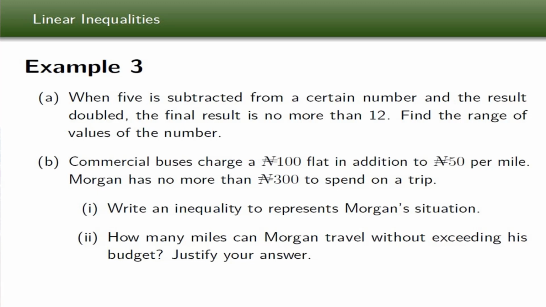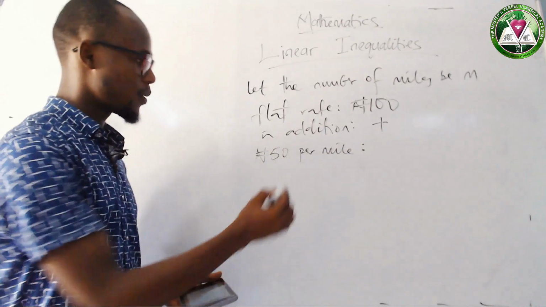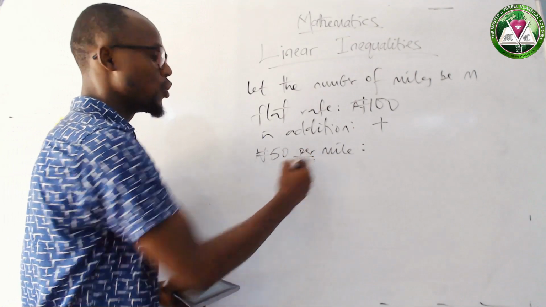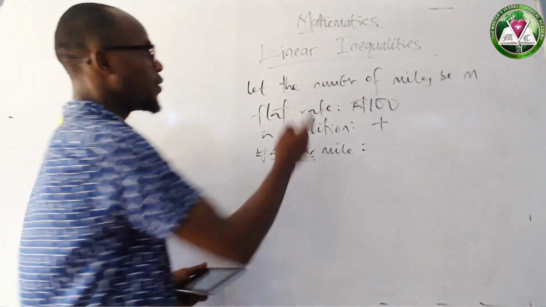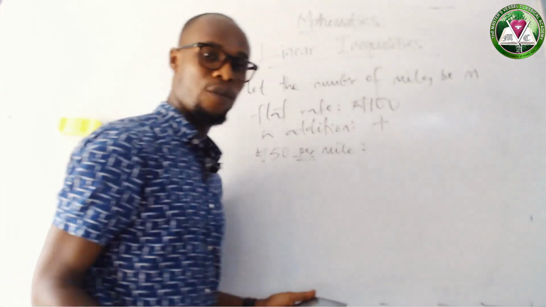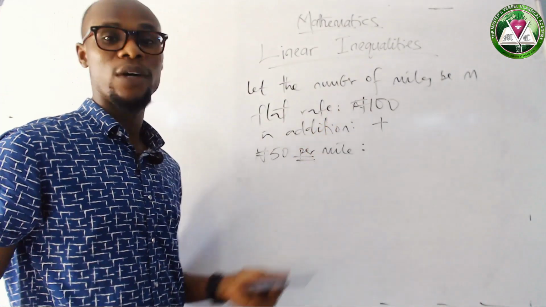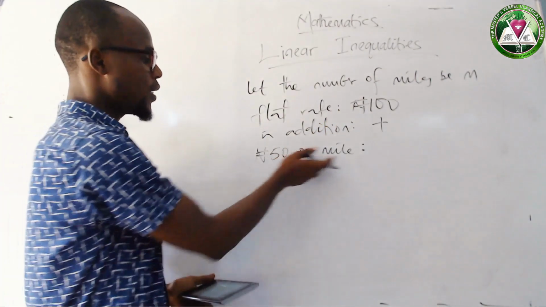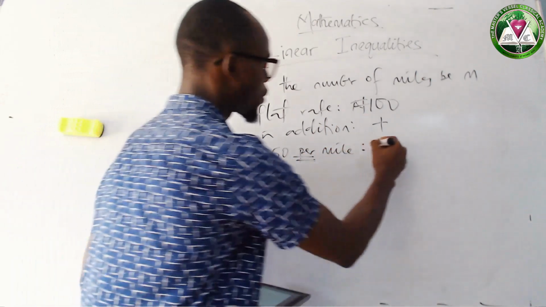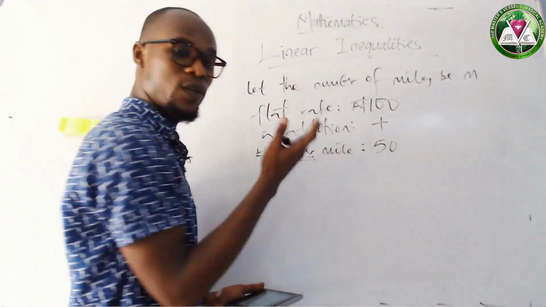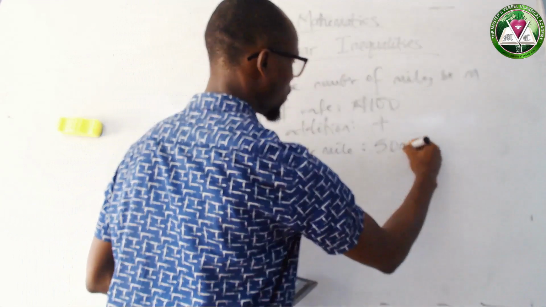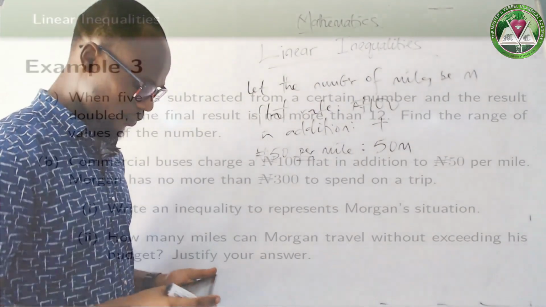Then, in addition to 50 naira per mile. And we all know that per in mathematics denotes multiplication. For each mile we have m. We represented our unknown value as m. So 50 naira per mile denotes 50 times m, which gives 50m.